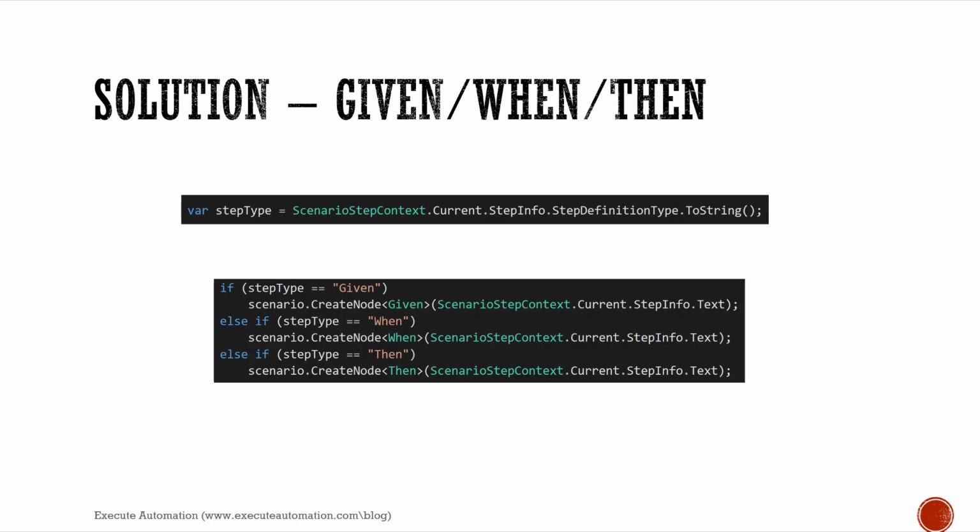Similarly, if it's a when, then you can tell okay, this is a when step. Similarly, this is a then step, then you can specify that. This is a very simple solution that we can write in the same hook so that you don't really have to hunt around for how to define that. That's one of the important and easy solutions for the given, when, then problem.